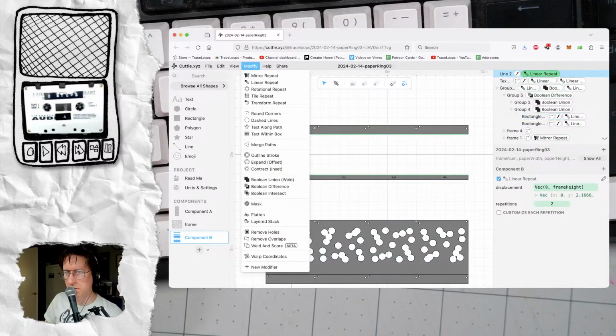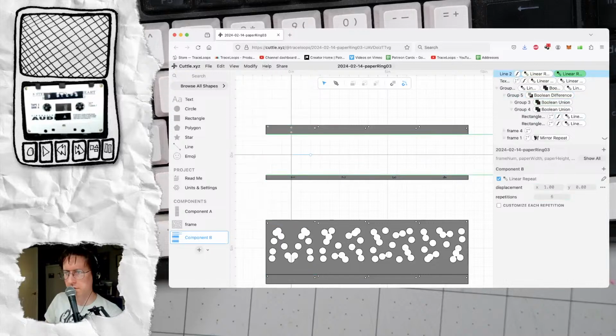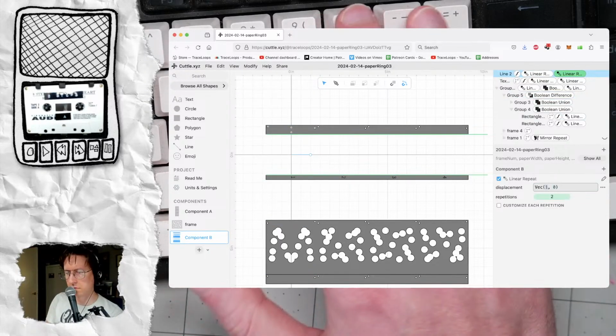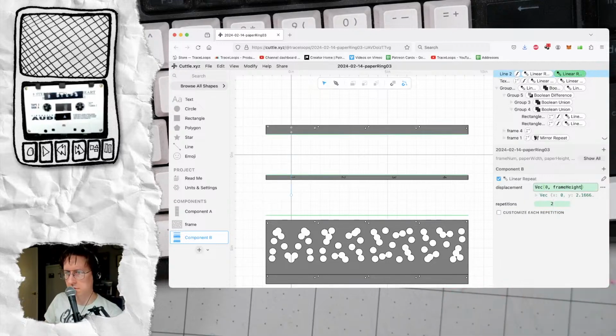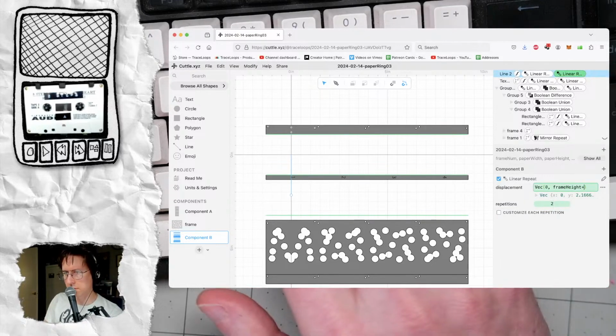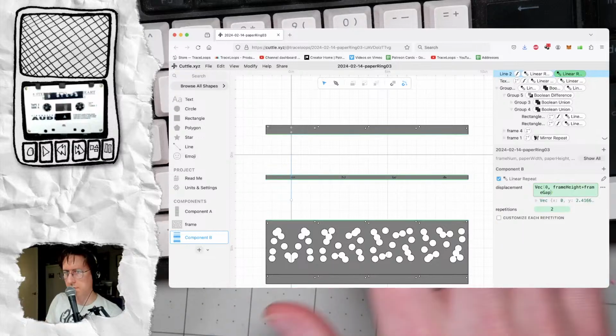And now let's do a linear repeat. 2, 0, frame height plus frame gap, 2.